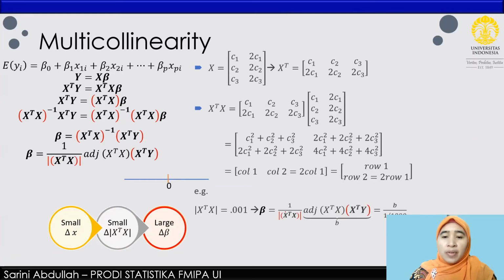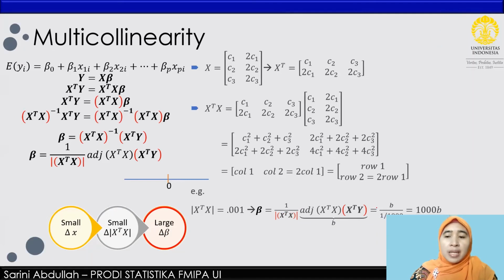By substituting this value, we have 1000 B, for such a constant B given by this expression.